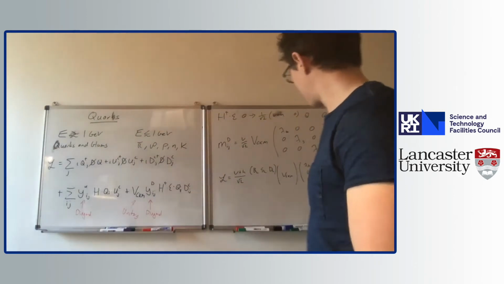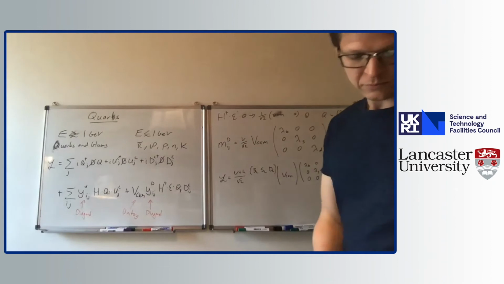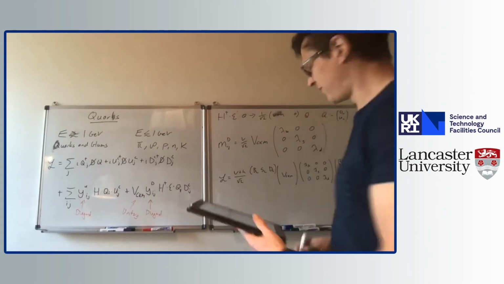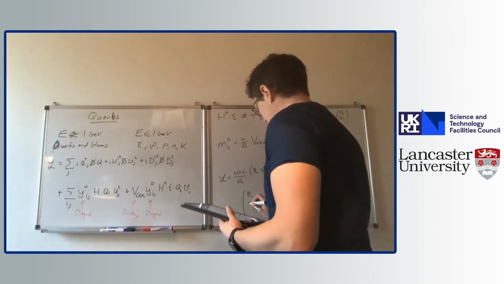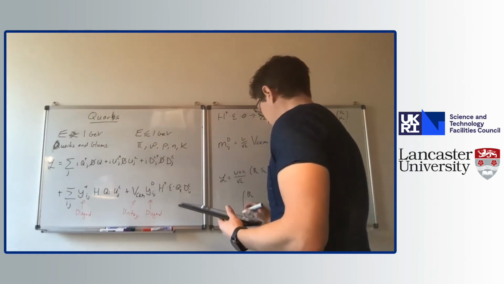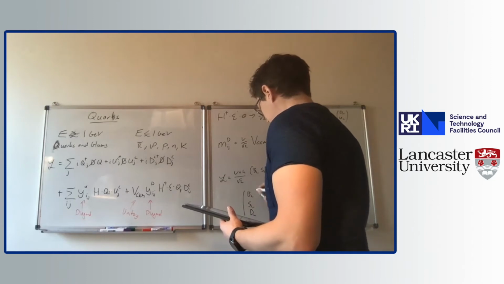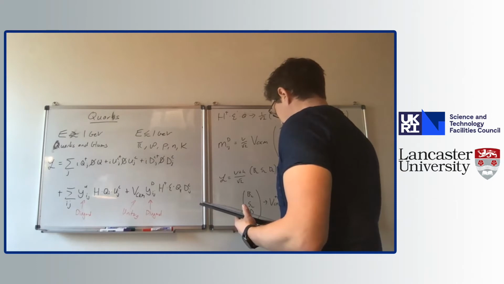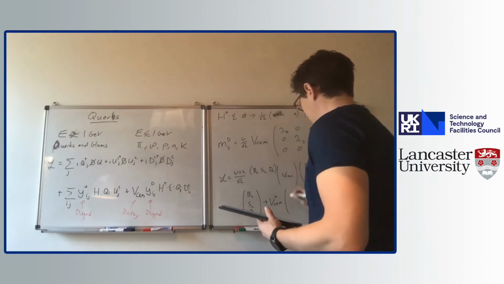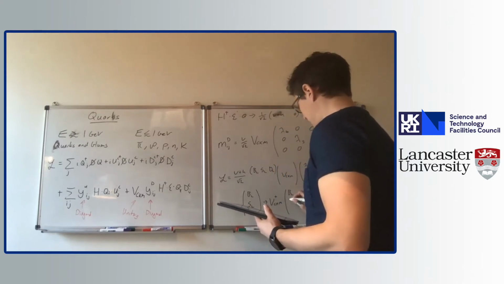So what we know, this rotation that we need to do will be of the form (B_L, S_L, D_L) goes to V_CKM dagger times (B_L, S_L, D_L).